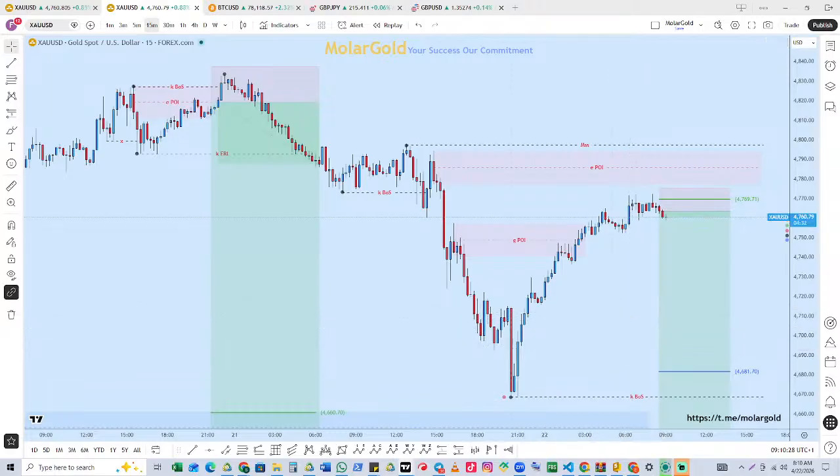Let's continue. So this setup is right in here, sitting right up here, and our plan is very, very simple today.